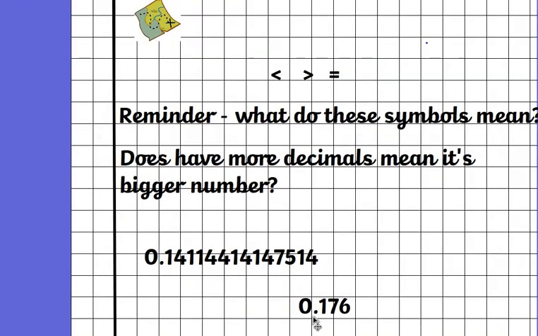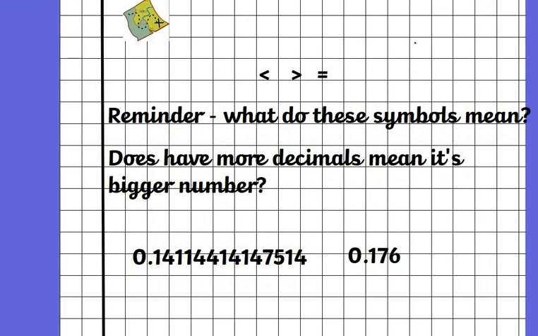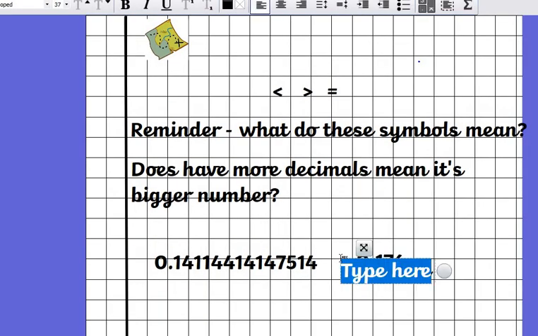I know for a fact some children straight away would say that is greater than that because, well, look how many decimal places it's got. It's clearly a bigger number. Well, actually, if you look at the value of the digits, this is the bigger number. Even though it's only got 3 decimal places, it's the bigger number because the tenths are the same, and we've got 7 hundredths here and 4 hundredths here. So clearly, this is the bigger number.